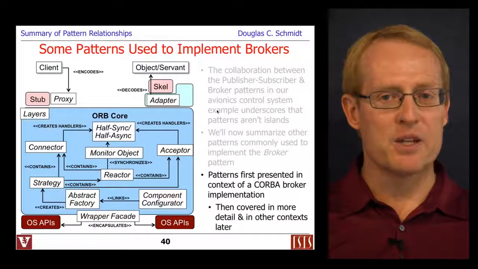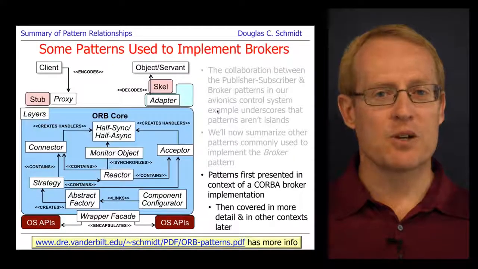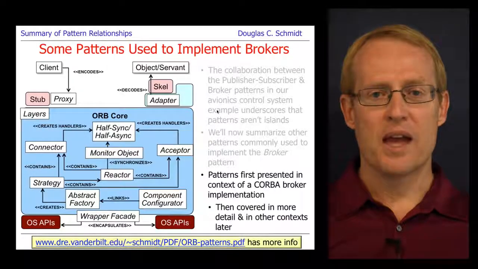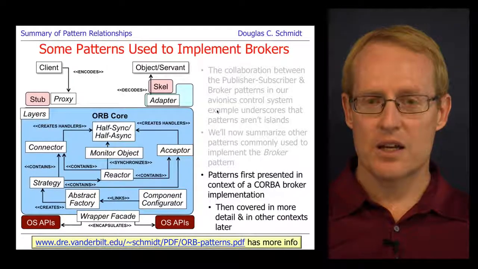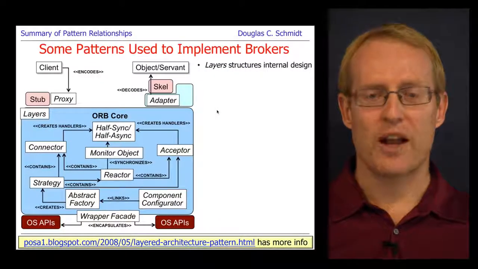And we'll also be looking at some of these patterns in more detail than we're going to give you right now. This particular discussion can be found in a paper we wrote a number of years ago, as well as in Chapter 6 of the POSA 4 book. So here are those patterns real quick.